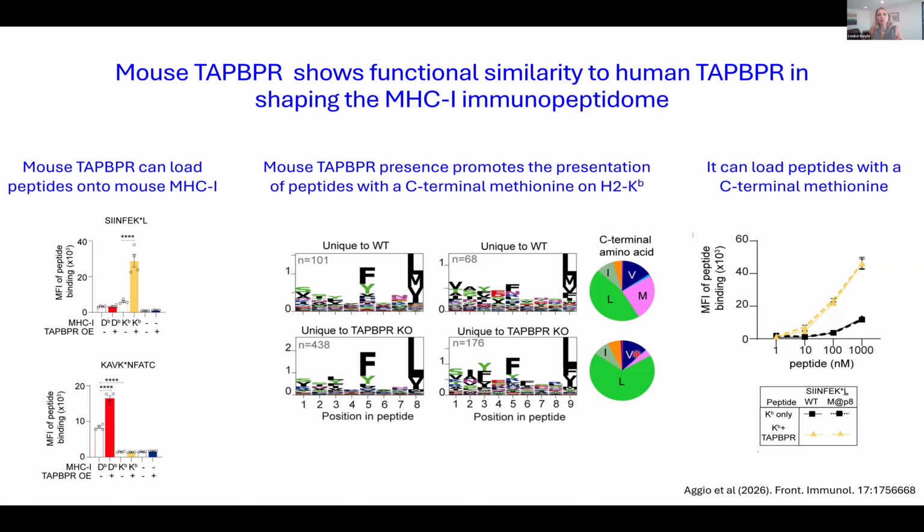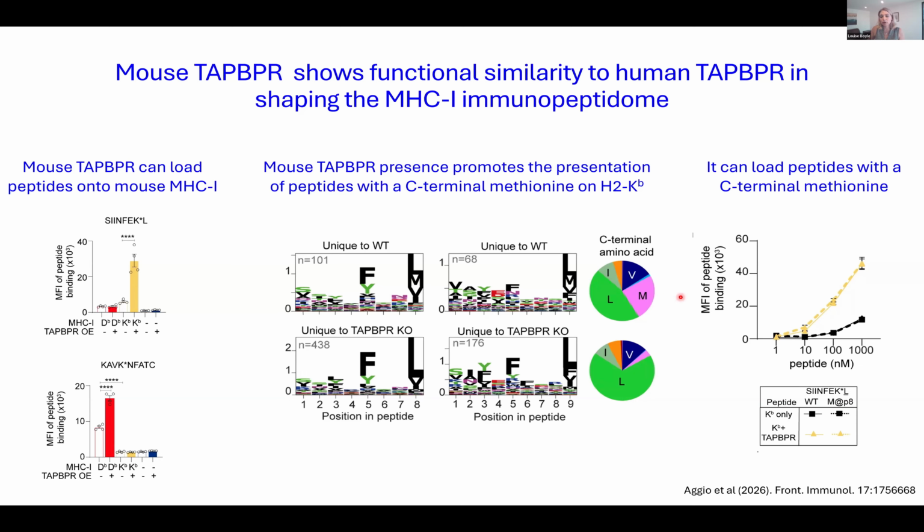And recently, we've also expanded our work into non-human TAPBPR by exploring the function of mouse TAPBPR. And this revealed that, like its human counterpart, mouse TAPBPR could load peptide onto mouse MHC class 1 molecules in our assays. And very interestingly, when we looked at our immunopeptidomic analysis, comparing the peptide repertoire displayed in wild-type cells with TAPBPR knockout cells, what we again see is that TAPBPR presence was having an effect on the C-terminus of the peptide.